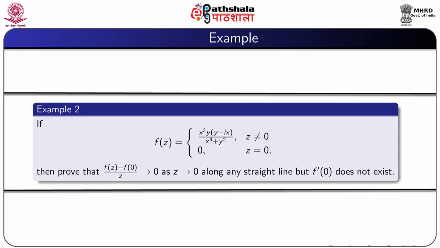Another example: if f(z) equal to x square y into (y minus ix) by (x to the power 4 plus y square), if z not equal to 0 and f(z) equal to 0 if z equal to 0, then prove that (f(z) minus f(0)) by z tends to 0 as z tends to 0 along any straight line, but f dash 0 does not exist.